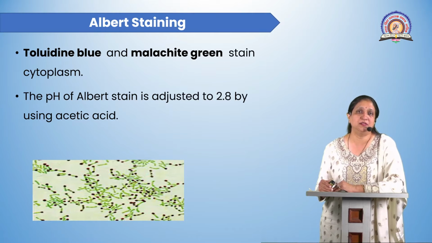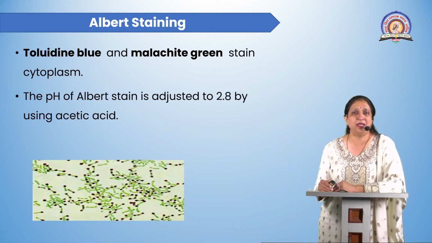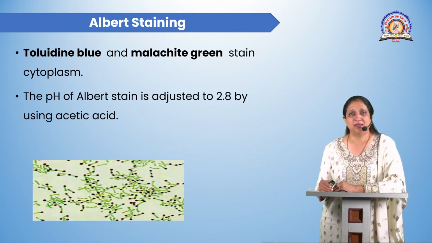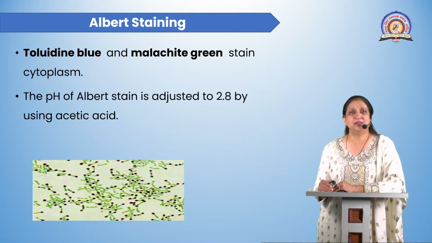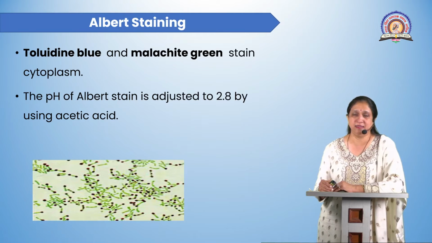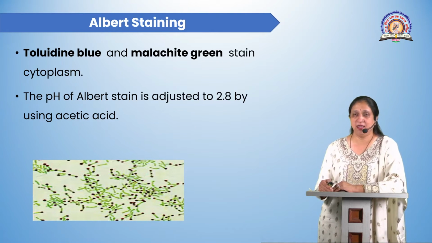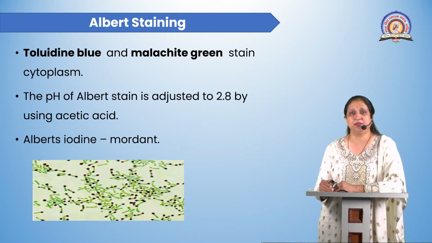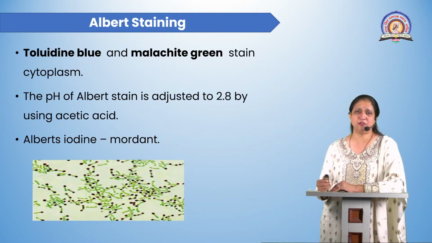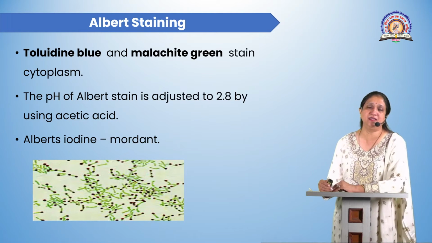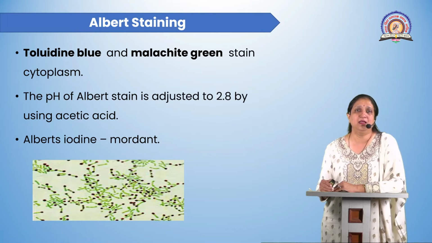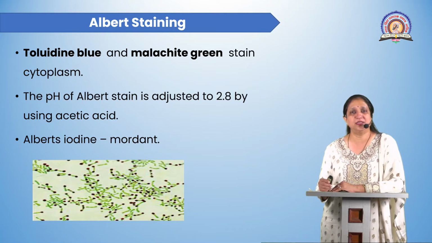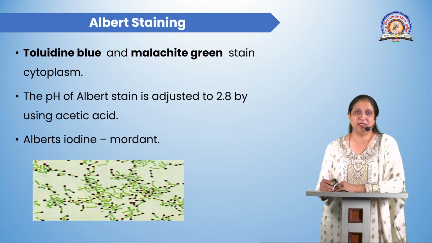So if you use the combination of toluidine blue and malachite green to stain the bacterial cell, the metachromatic granules will be observed as red colored, while the cell cytoplasm will be observed as green in color. But a mordant can be used in the staining technique, and the mordant that is used is iodine, Albert's iodine. So basically, Albert's staining is a differential staining which helps us to stain the polyphosphate granules or the metachromatic granules with a different color than the color of the cytoplasm.